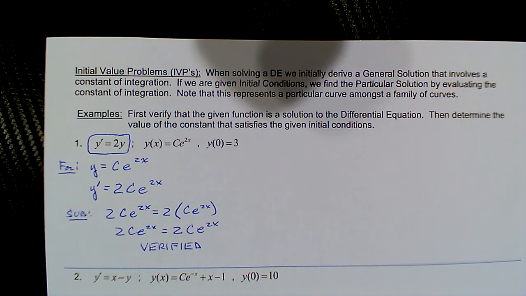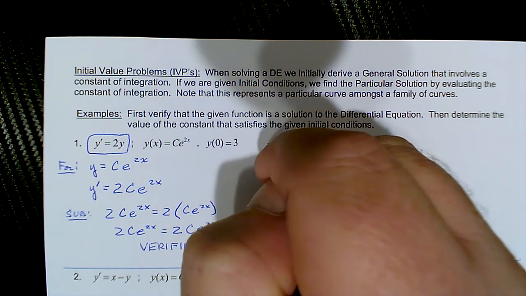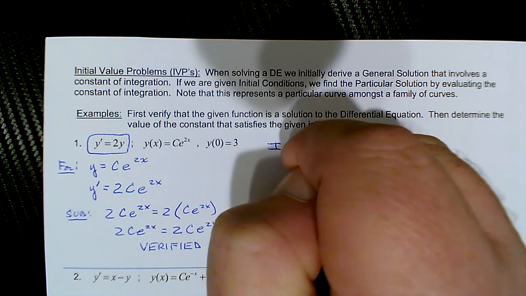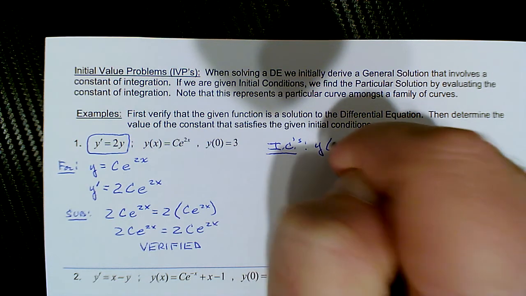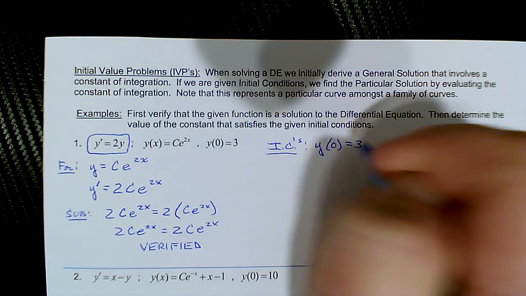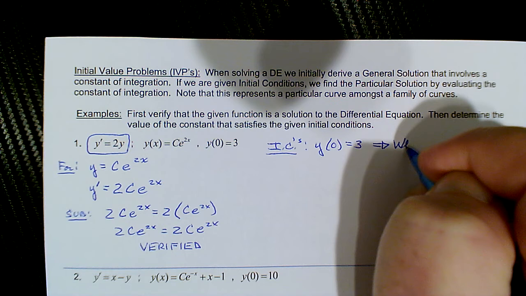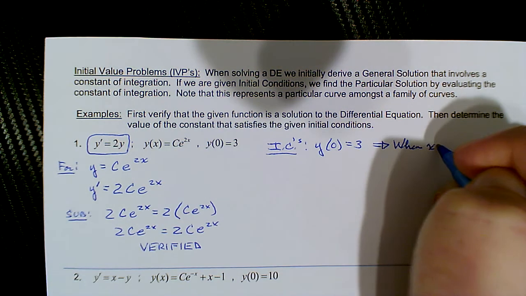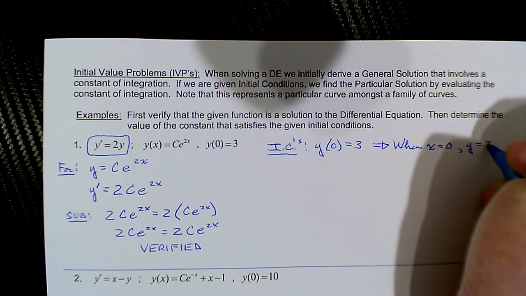So now we want to find the constant of integration, or the constant c. So we use the initial conditions. We'll abbreviate that as IC. And the initial condition is that y of 0 is 3, which means that when x is 0, y is 3.